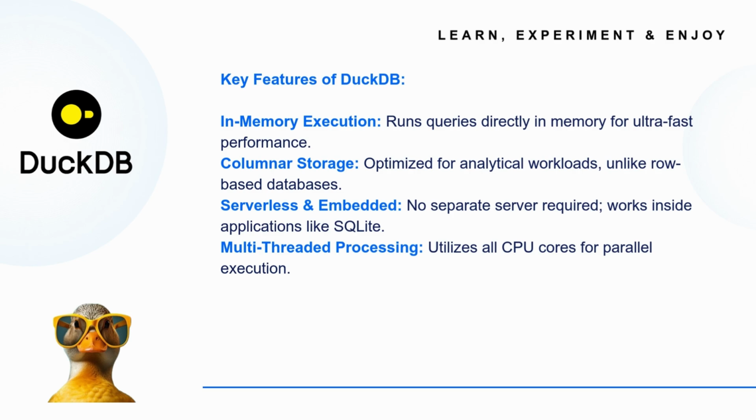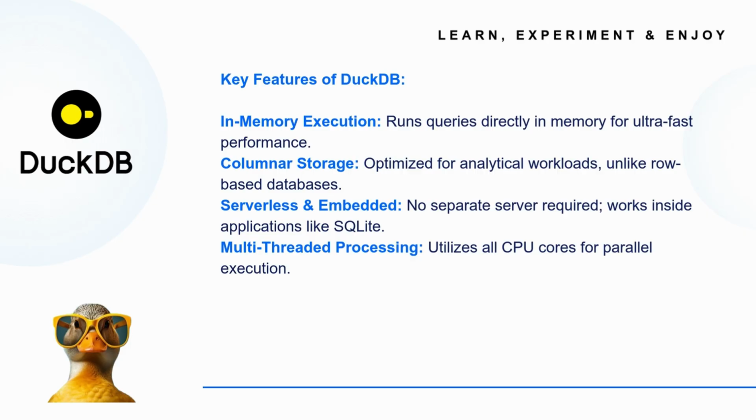Another fundamental aspect of DuckDB is its columnar storage. Now, most traditional databases like MySQL or PostgreSQL use row-based storage, where all the data for each record is stored together. That's great for transactional workloads, but not ideal for analytics.